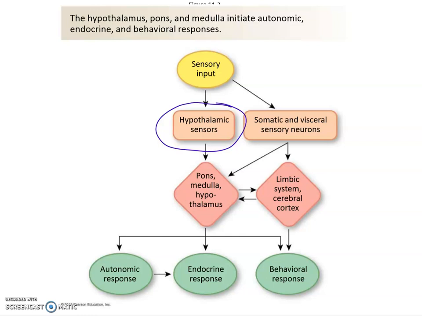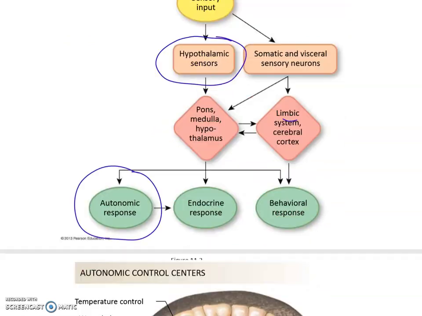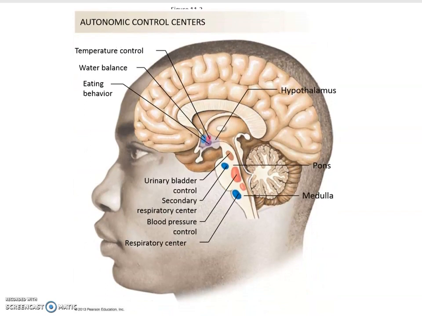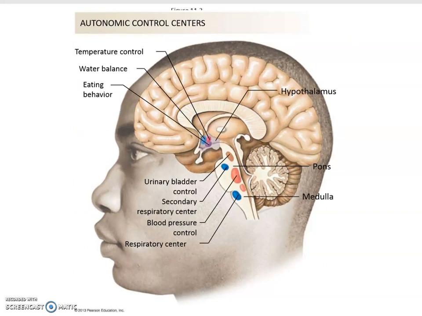So for this lecture, again, we're mostly focusing on the autonomic responses, and then we'll get the endocrine things later. But either one is also connected to behavioral responses and to emotional responses like the limbic system. Anyway, so here the autonomic control centers, everything pretty much centers around that hypothalamus region, which is right here, just above the pituitary gland, and pituitary will be very important for the endocrine function.